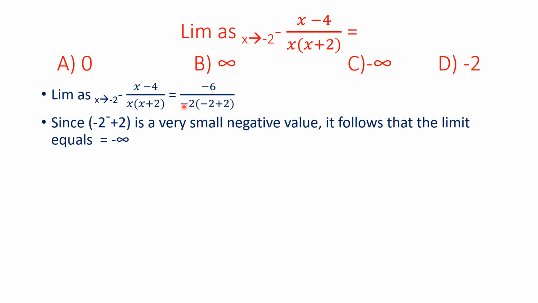It has a negative 2. So we'll have a positive value, which is extremely small but positive value. And we have in the numerator negative 6. So that will end up giving us the limit equal to negative infinity. And that's the correct answer.